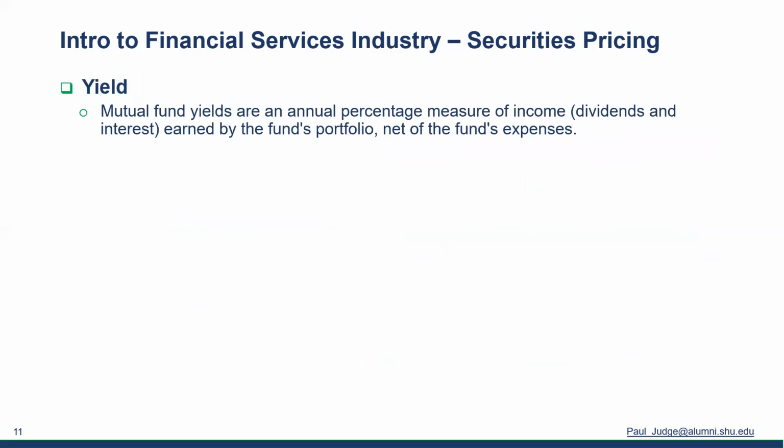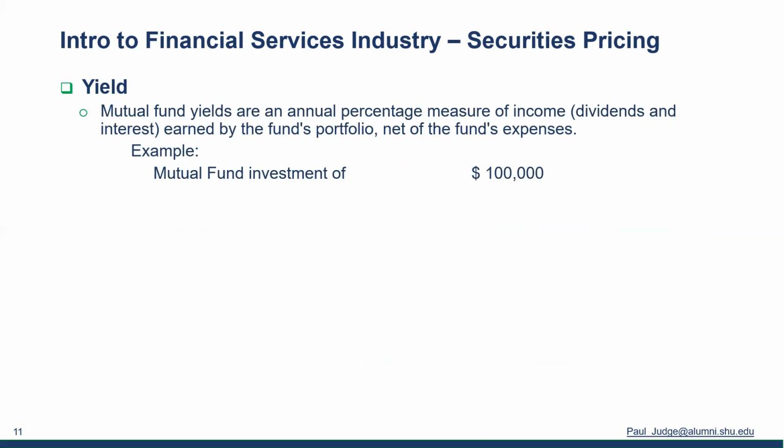Yield, we talked about yield earlier. Mutual fund yields are the annual percentage measure of income, dividends, and interest earned by the fund's portfolio. We gave you the example in an earlier presentation on mutual funds.